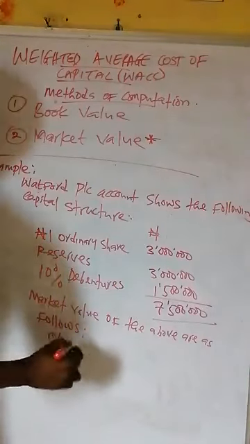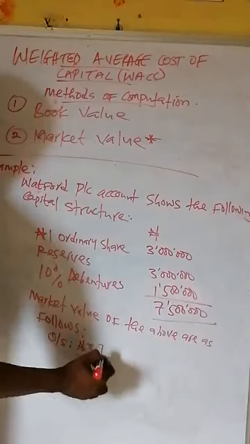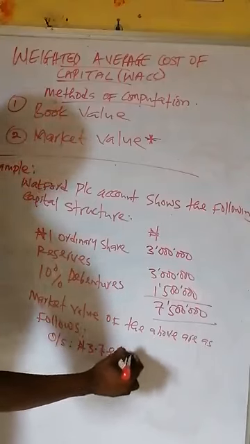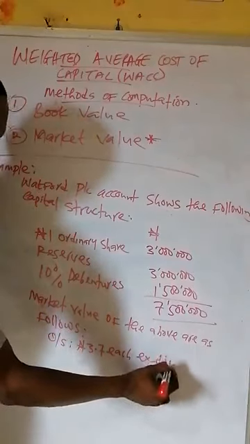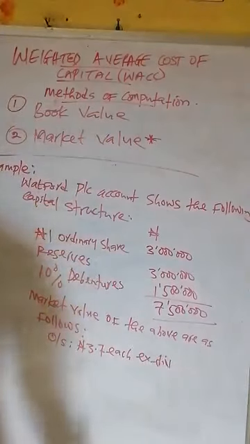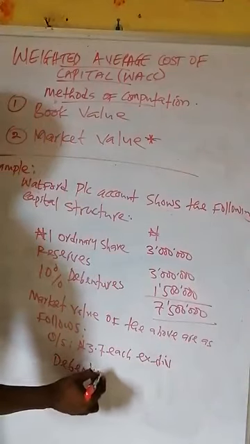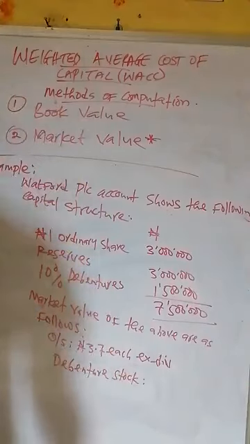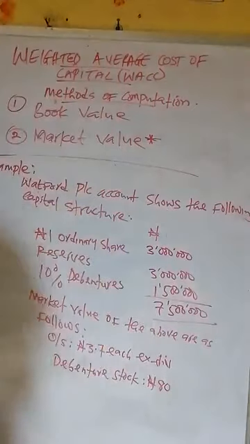Ordinary share of 1 naira is 3 naira 70 kobo, 3.7 each. Debenture stock is 80 naira.